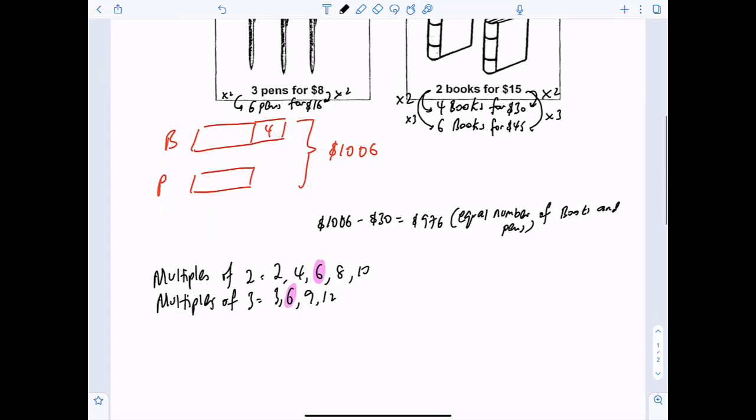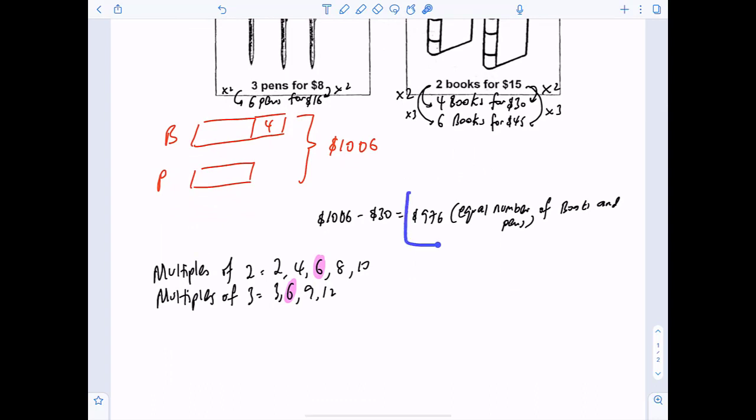Alright, and then thereafter, we will use this value to help us find the number of groups of pens and books. So in one group, we will have 6 pens and 6 books. This is just one group.